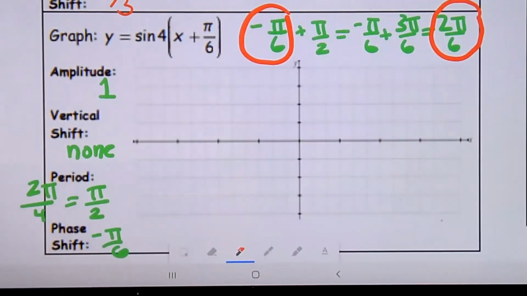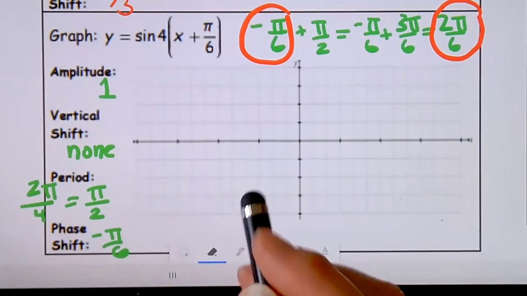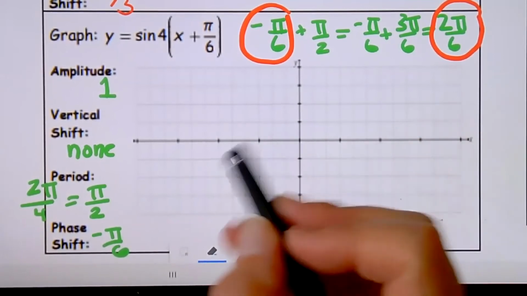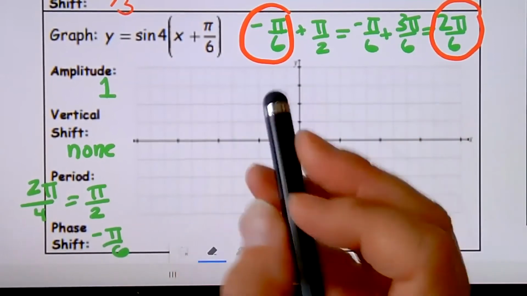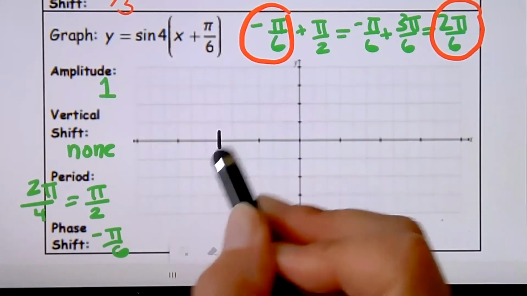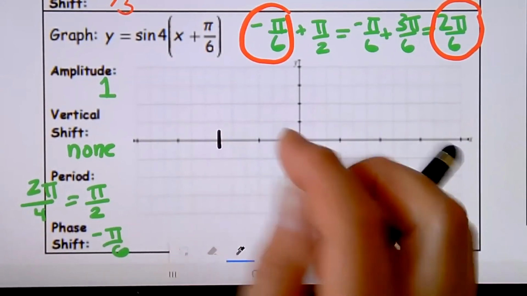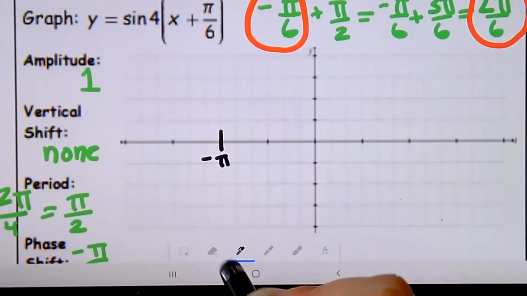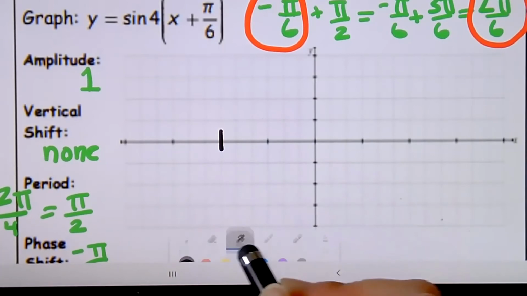Okay, so let me get that drawn out. Okay, so I'm going to be just spacing this out. I think I'm just going to space it out this way for this. Okay, I'm just going to have this so it's not so scrunched. This be negative pi 6. Let me write this smaller though.